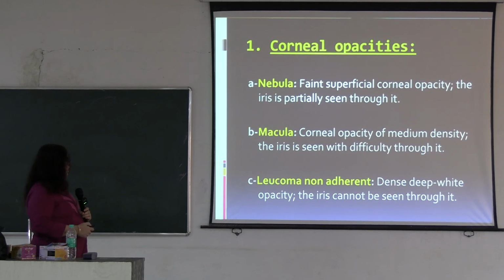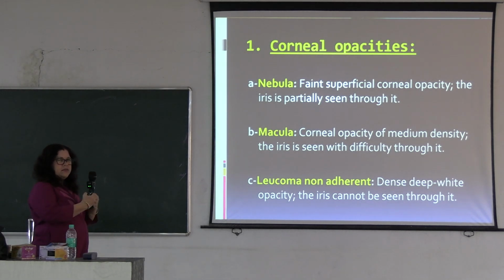In nebular corneal opacity, this is a faint superficial corneal opacity, and the iris is partially seen through the cornea. And macular corneal opacity has medium density, and we see the iris with difficulty. And the third one is the leucoma non-adherent.